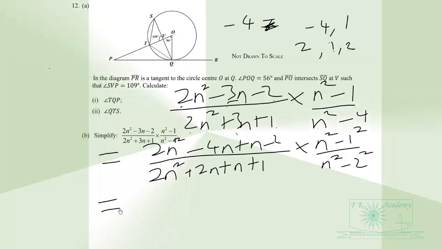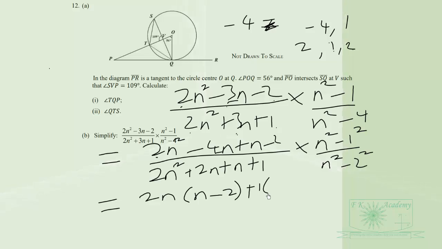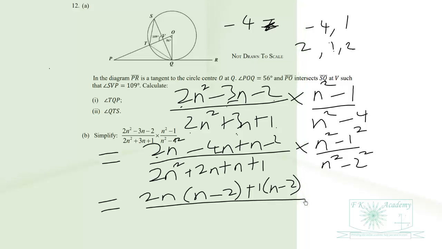So we proceed and factor. We have the highest common factor here to be 2n. Then we have in brackets n minus 2, then plus 1 times n minus 2, all over 2n again over here.